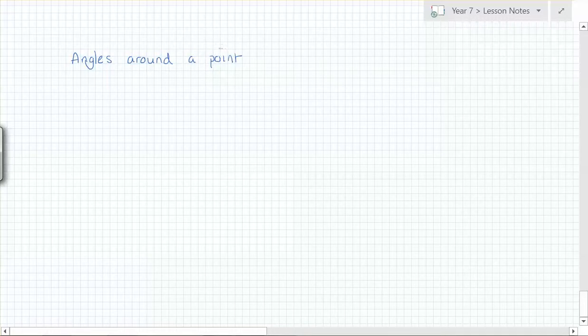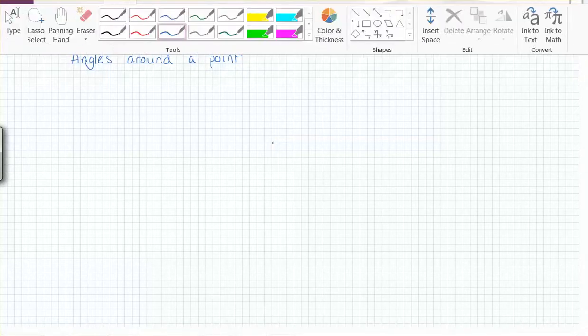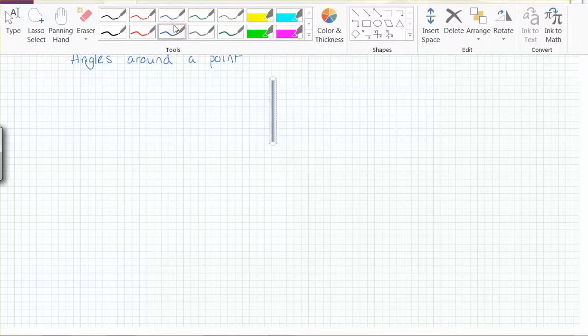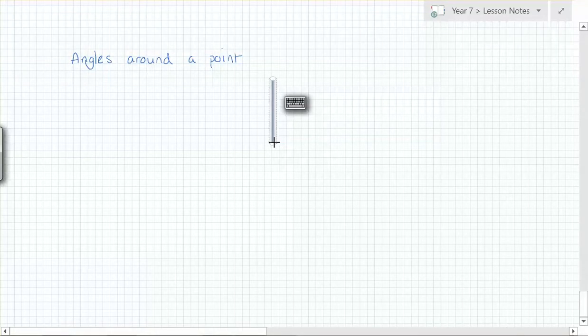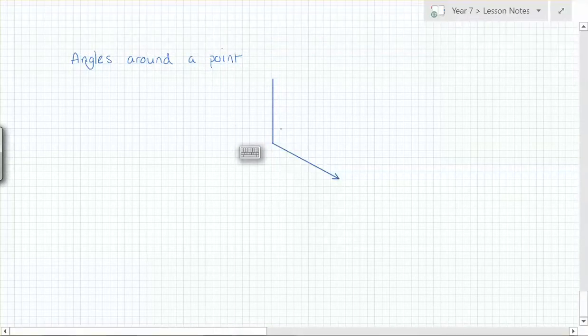So if I consider a point and create at least two angles, so I've got a line there and another line, how many angles have I created? Two. This angle X, and this angle Y.